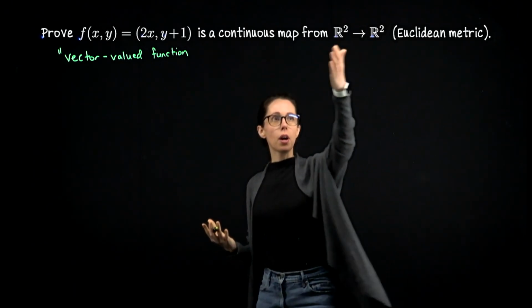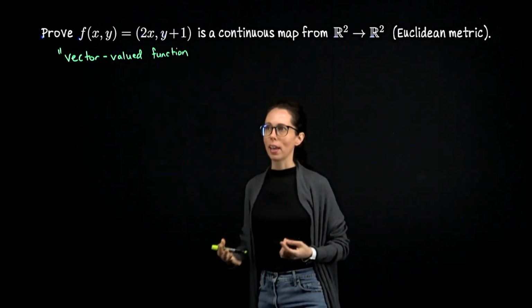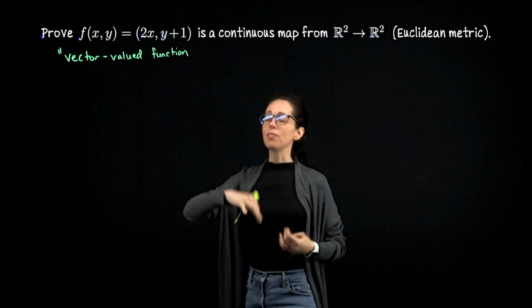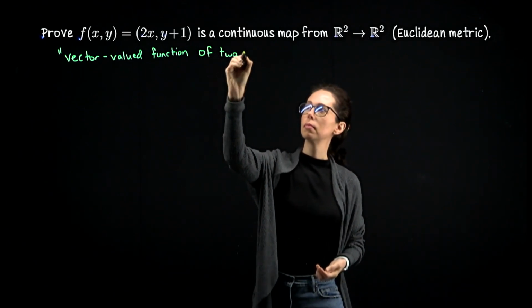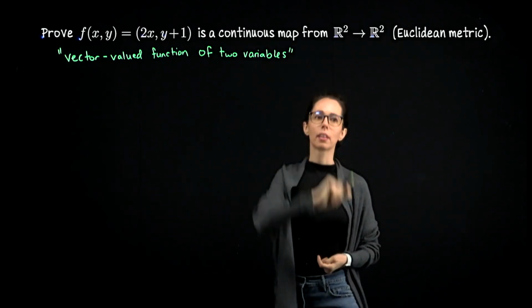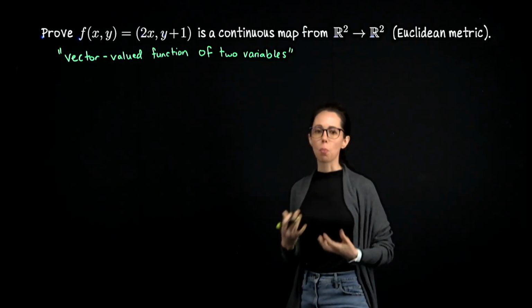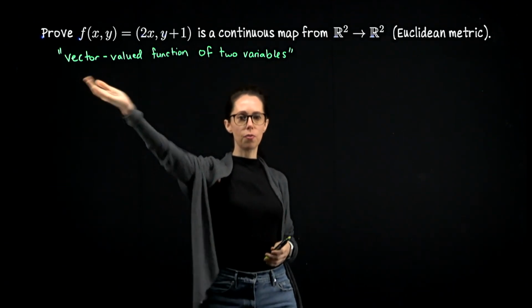If it was a map from R2 to R, then you could say it's a scalar-valued function of two variables. So it's a multivariable function. It has x and y as variables, and it maps us to vector quantities.